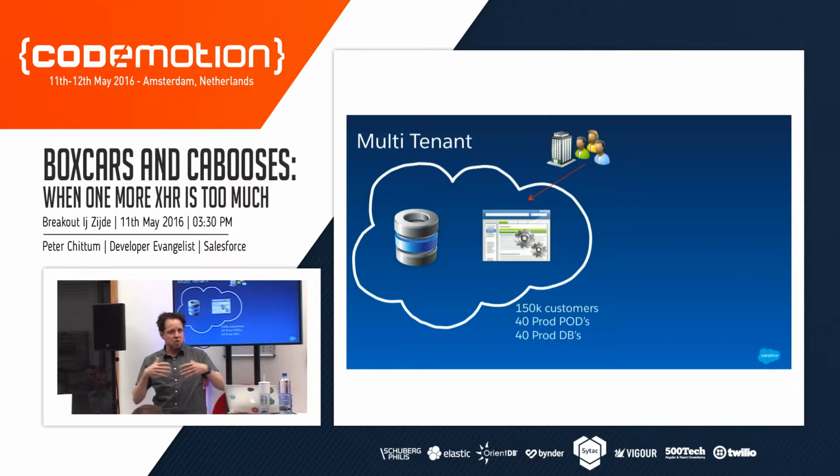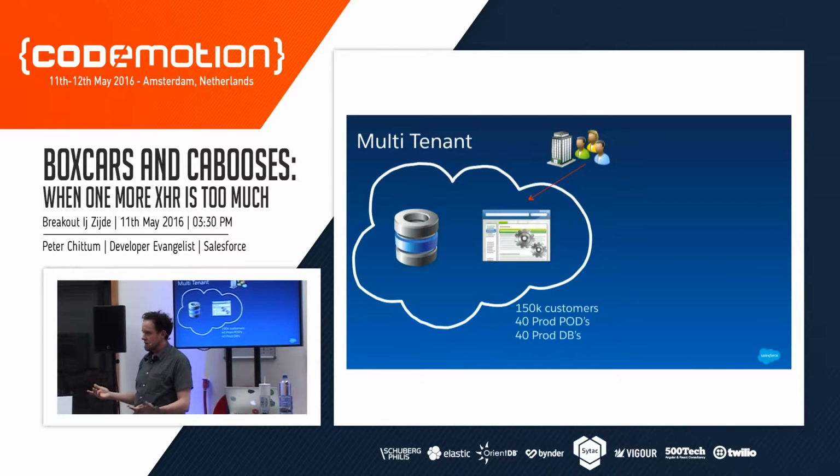But across those very small numbers, we're hosting about 150,000 customers. So those are customers as small as little businesses, as big as Coca-Cola, for instance. So everything from big to small. The nice thing is that because of multi-tenancy, we have one version, one code base, and every time we do an update, which is 3 major releases per year, everybody gets updated.